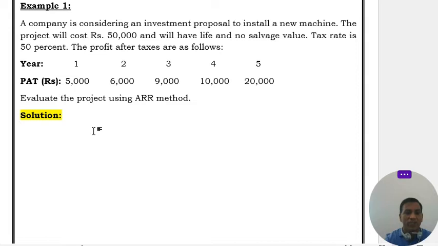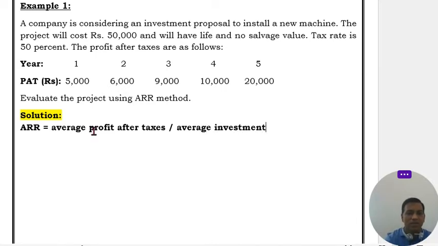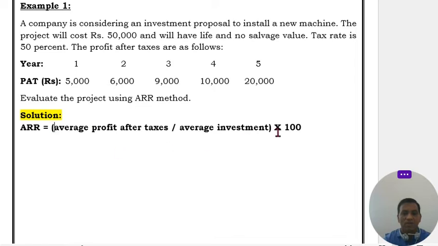So what is the ARR formula? ARR is equal to average profit after taxes divided by average investment, multiplied by 100. That is the formula for ARR. And what about the average profit after taxes?